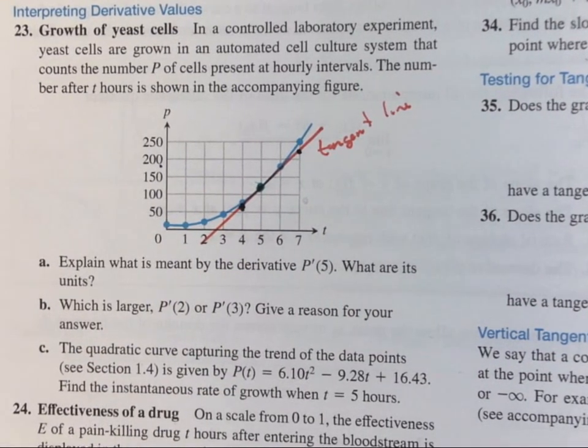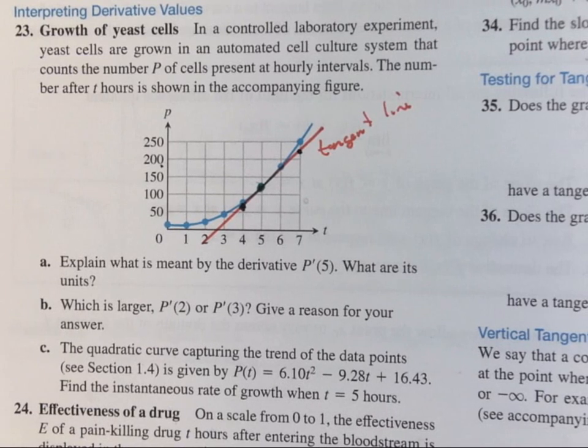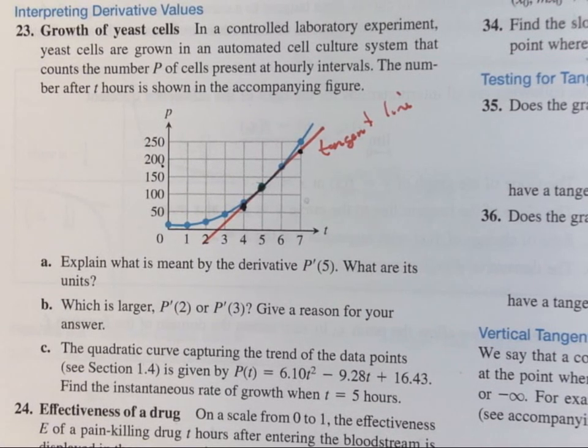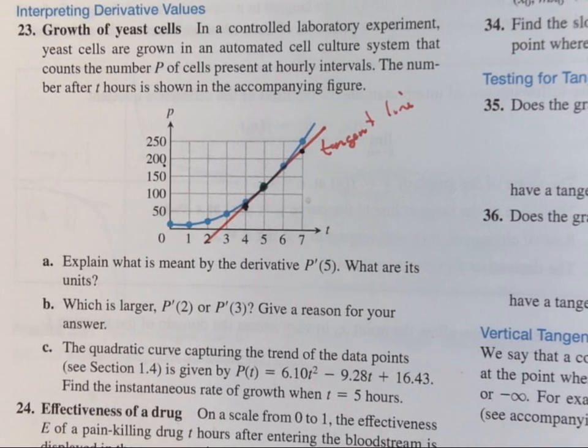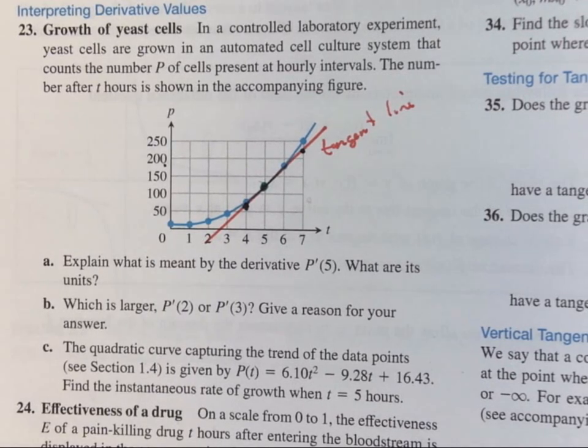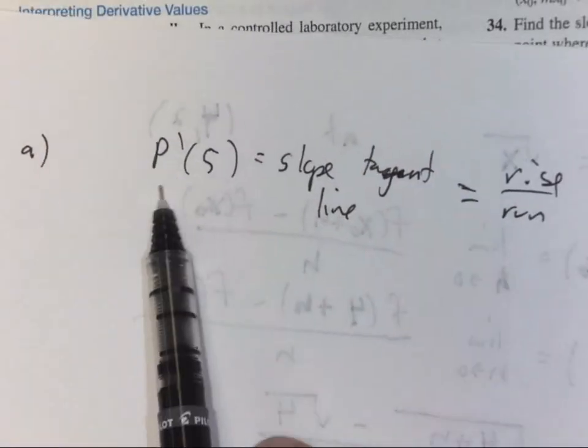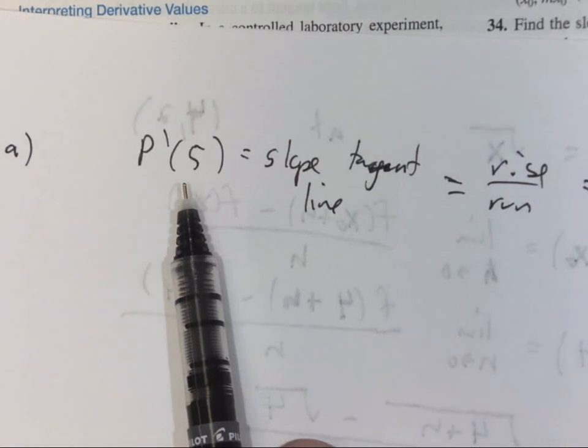So for A, I know p prime of 5 represents the slope of the tangent line. I'll show you guys what I'm writing in a second here. And I know that this is going to be rise over run, and the rise is going to be 225 minus about 60. These are just guesses, okay?